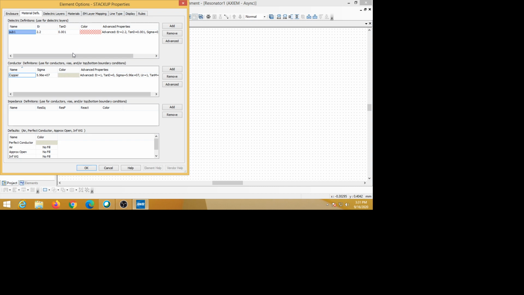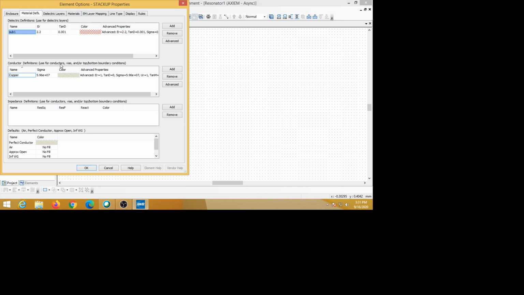But here what you can observe, in the problem we have given a dielectric material with a dielectric constant of 2.2 and tan delta 0.001, and one more parameter, the thickness of the substrate, the thickness of the dielectric material, that we cannot define in this window. Similarly, the thickness of the copper metallization at top and bottom is not defined here.